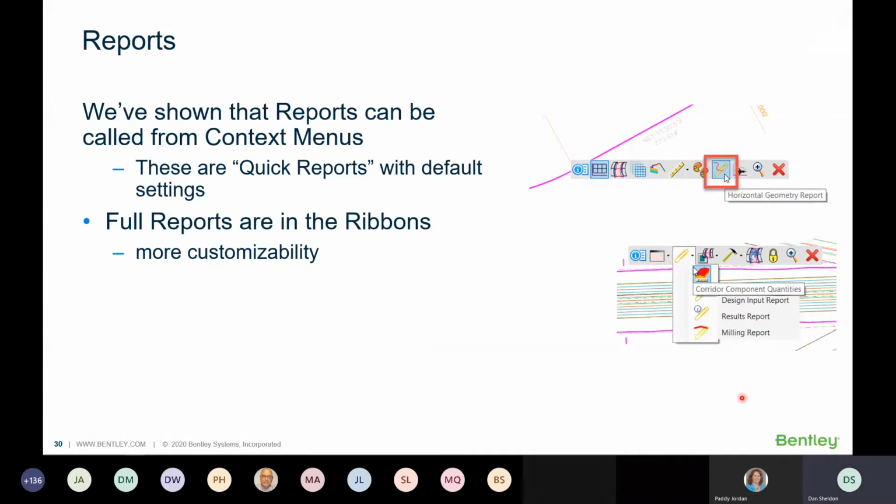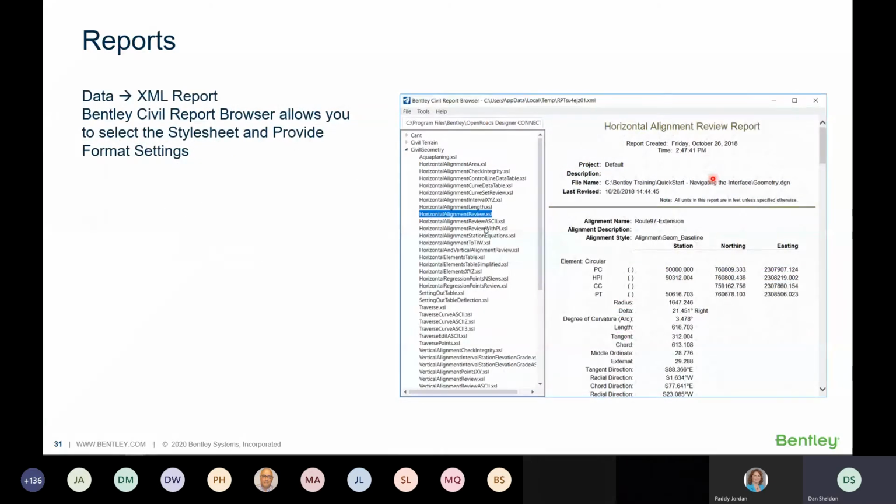So moving on, we've touched on this earlier, when you click on a specific element and the contextual ribbon comes up, you'll notice that we get the different types of reports that we can select. If we click on a report, it comes up as an Excel style sheet.